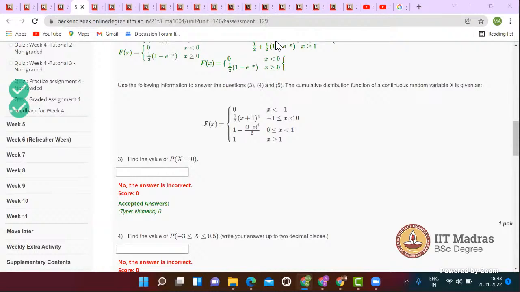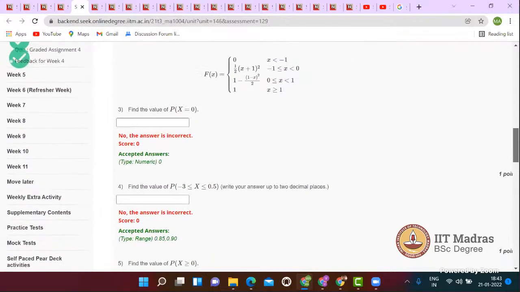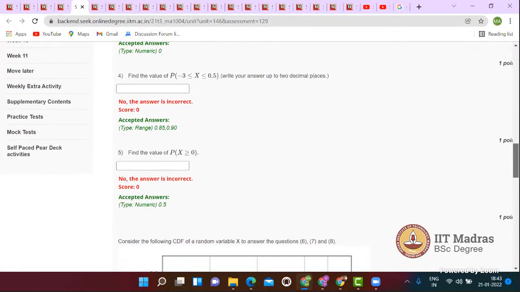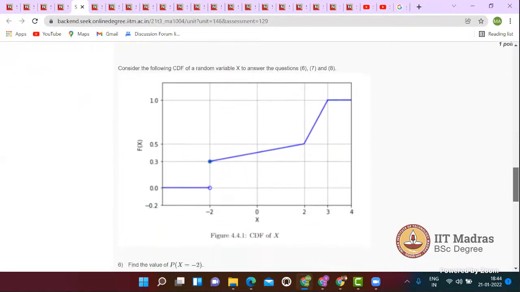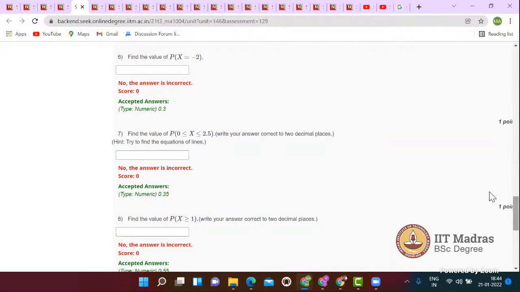Question number 7 from the same activity. So you have to calculate the probability from 0 to 2.5.